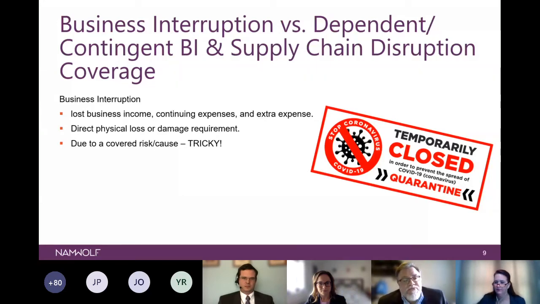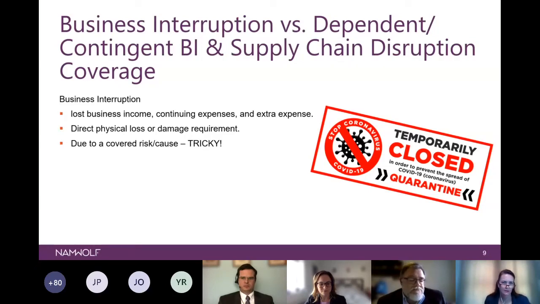And of course, the classic business interruption coverage is the basic: there has been some form of physical loss or damage to the insured premises that results in a stoppage or interruption in business. The loss must take place because of a covered risk or cause of loss.